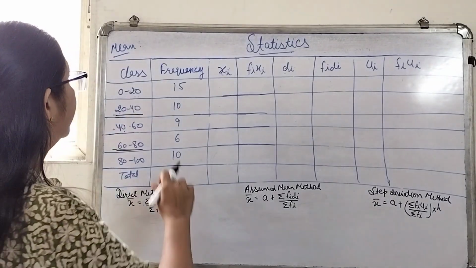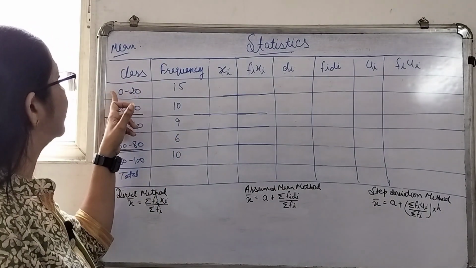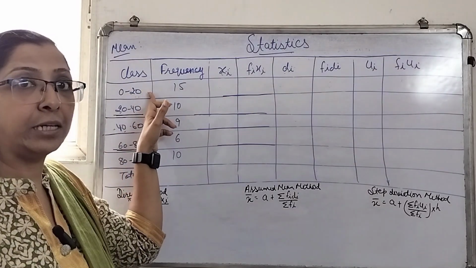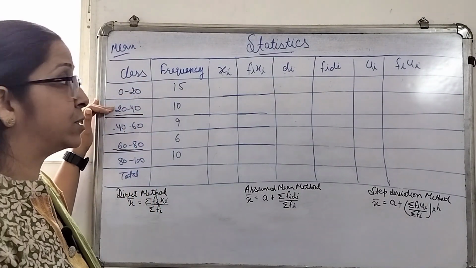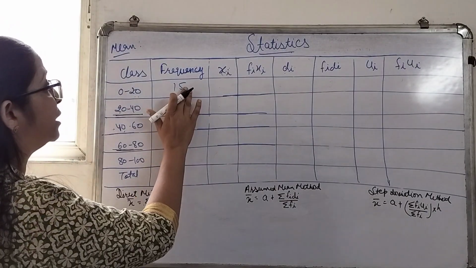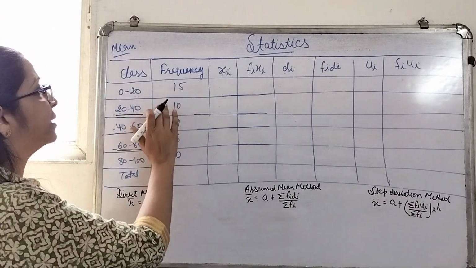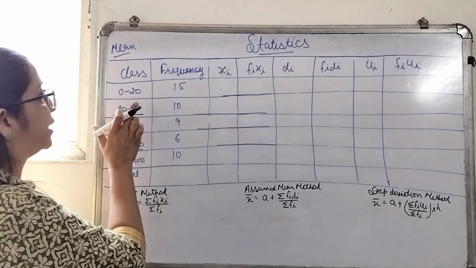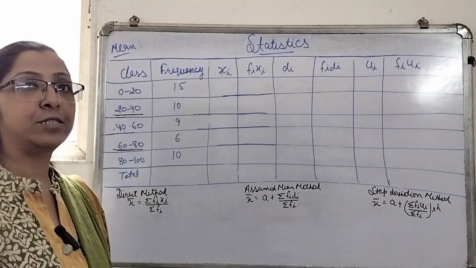So we can say that in this class interval, we take the students who have secured from 0 to 19, because a student who has secured 20 will be part of the next class interval. So there are 15 students who have secured from 0 to 19. There are 10 students who have secured from 20 to 39, like this. This is the frequency and this is your class interval.